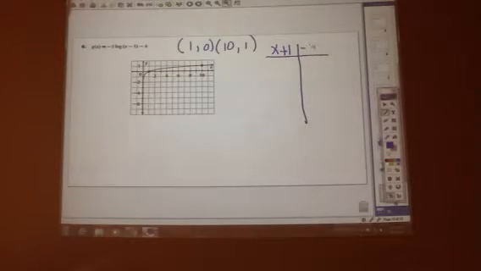My y would be -3y minus 4. If I put a 1 here, 1 plus 1 is 2. Put a 0 here, 0 minus 4 is -4. If I put a 10 here, 10 plus 1 is 11. And a 1 in for y would be -3 minus 4 is -7.